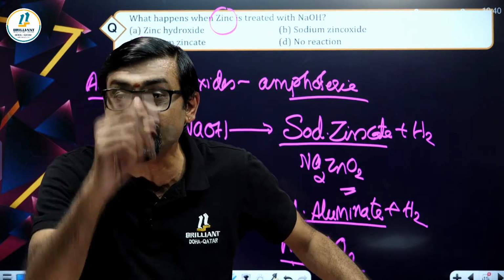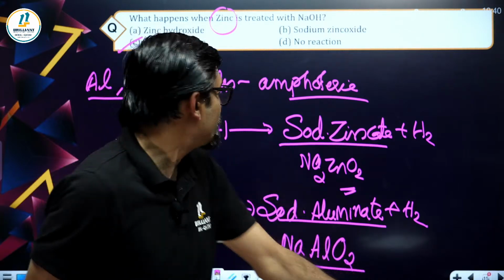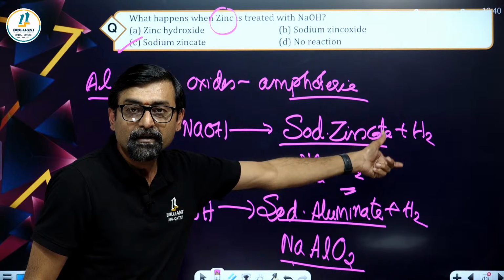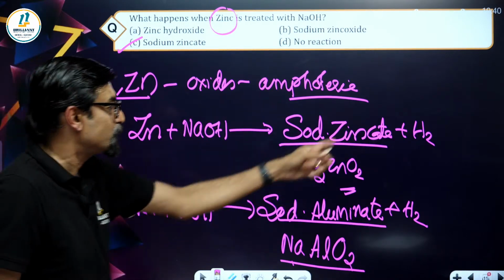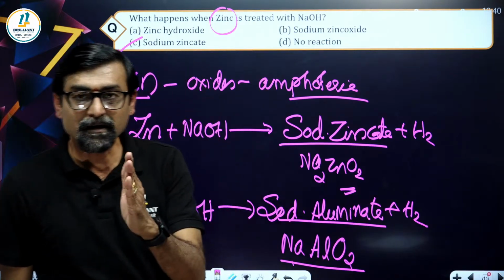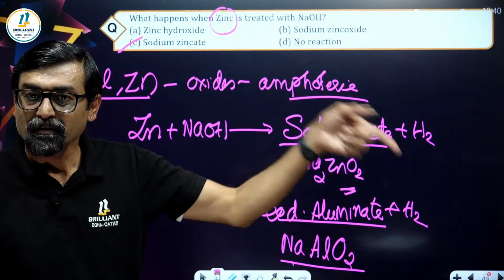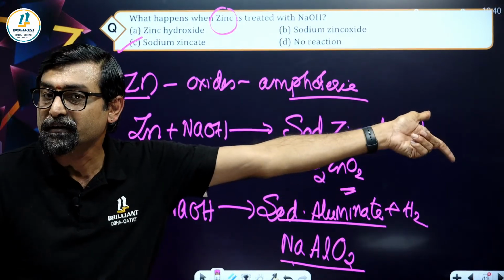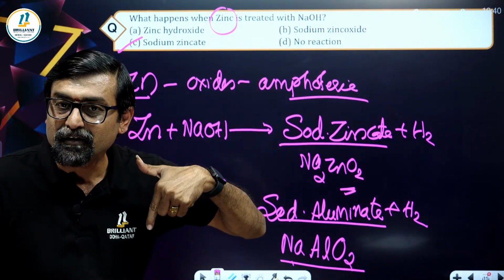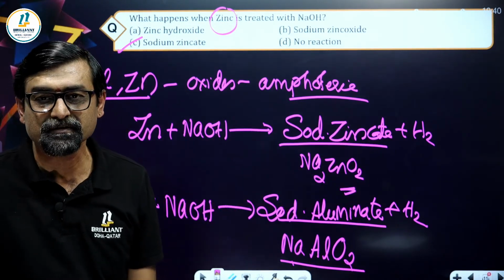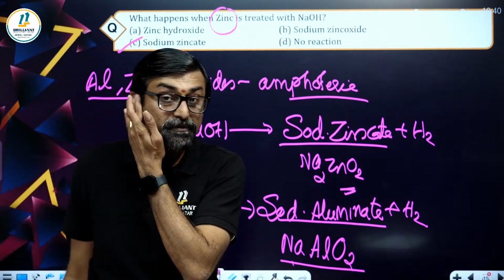So these reactions should not be forgotten, children. If it is a metal, you get hydrogen. If it is an oxide, you get water. But the reaction remains the same. Metal plus NaOH gives zincate or aluminate along with hydrogen. If it is a metal oxide, you get a water molecule. This is the only difference. Remember these tips, children.